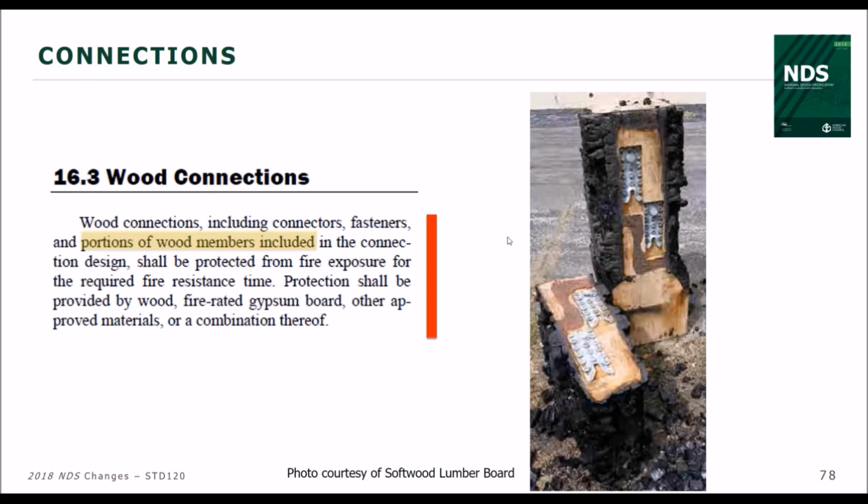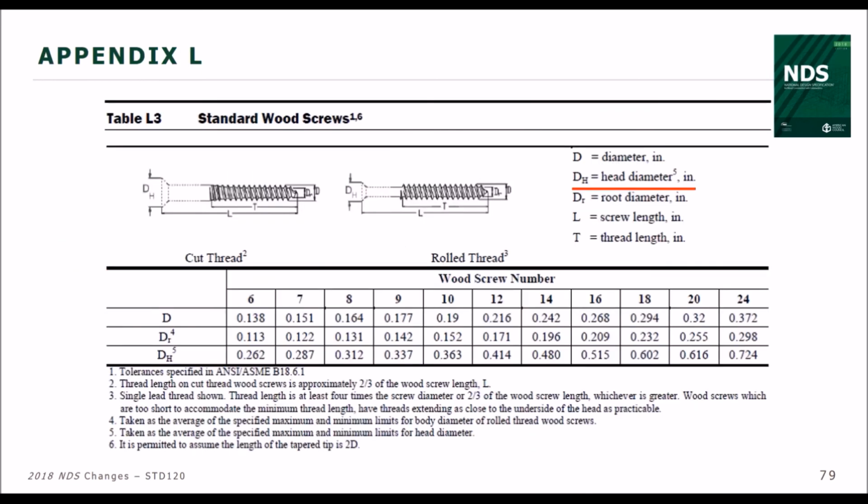In fact, Woodworks just had a webinar yesterday or the day before on this, where one of the fire protection engineers named David Barber that was involved in the testing talked about some of these test results on connectors and how you need to protect the steel with enough either wood, fire-rated gypsum, or other approved material to make sure that the fasteners hold up during the expected exposure.